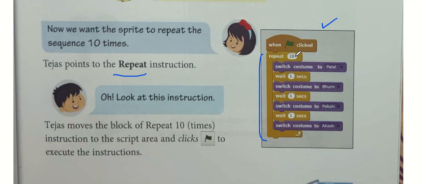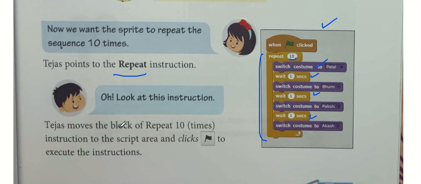For example, here these instructions have been written inside the repeat block. Therefore, all instructions will be repeated 10 times. So the repeat instruction is used to execute an instruction or a number of instructions a specific number of times. Here we will execute all these instructions 10 times.